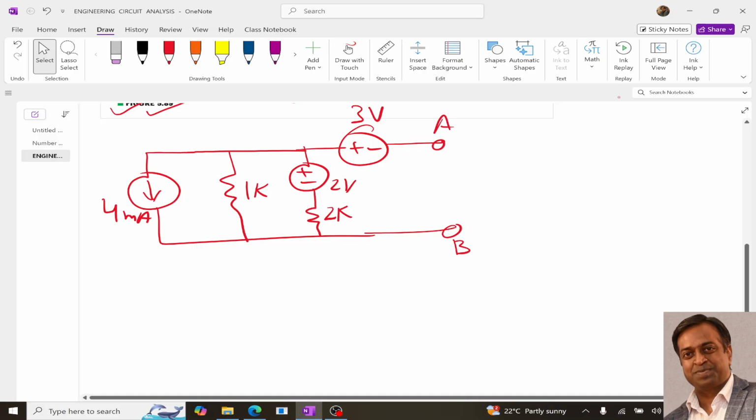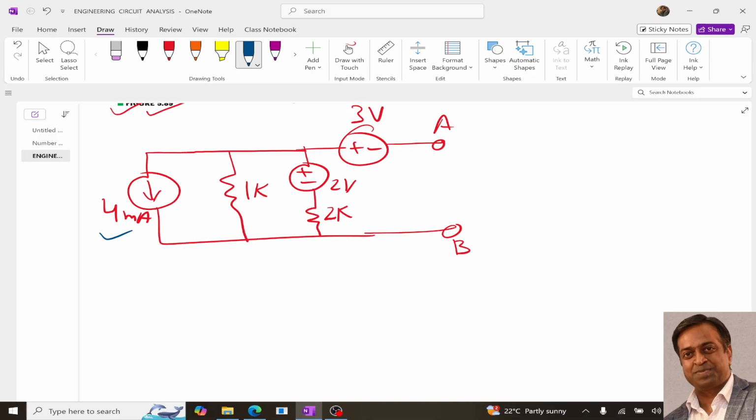If we deactivate this current source, we replace it with an open circuit. Then this will remain as it is, 1k. Coming to this voltage source, it will be short circuited. Then this resistance remains as it is, 2k, and then this will be short circuited.